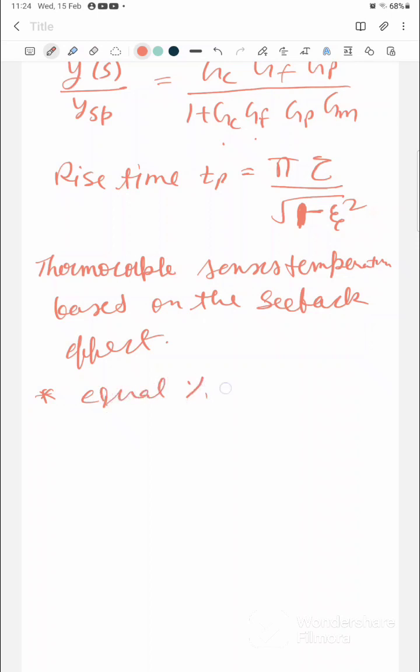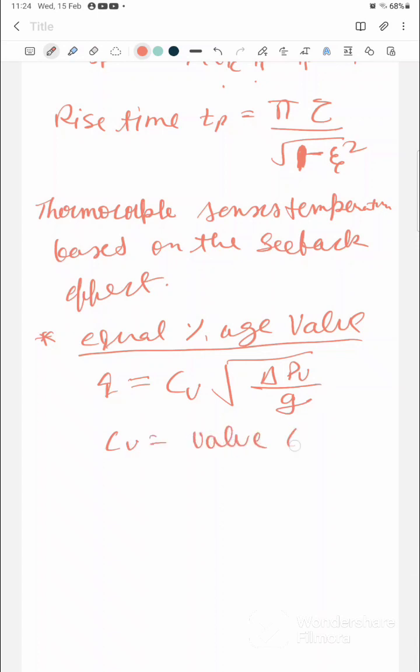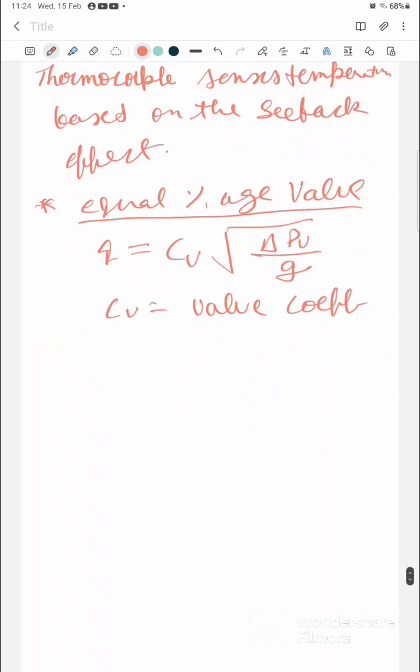Equal percentage valve is defined as Q is equal to CV root of delta P by G. CV is defined as valve coefficient. Its unit is gallon per minute PSI to the power 0.5.